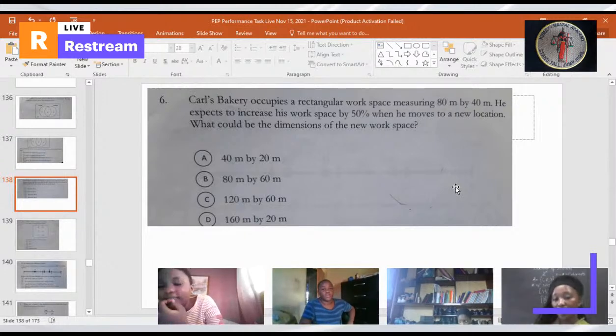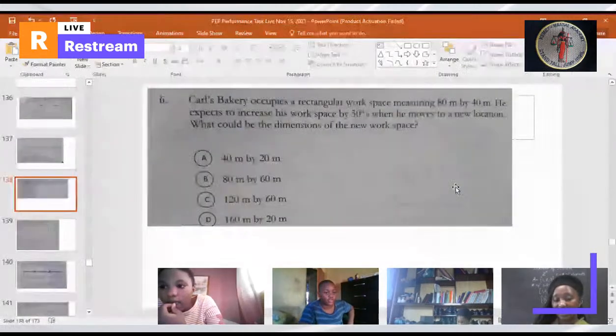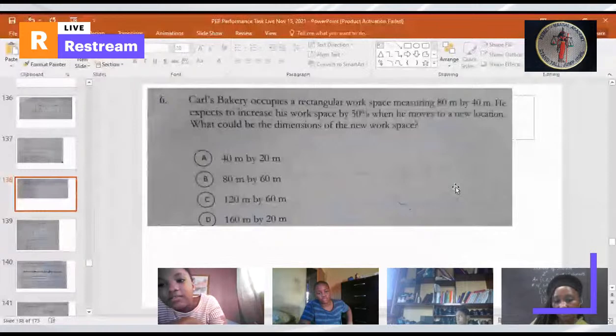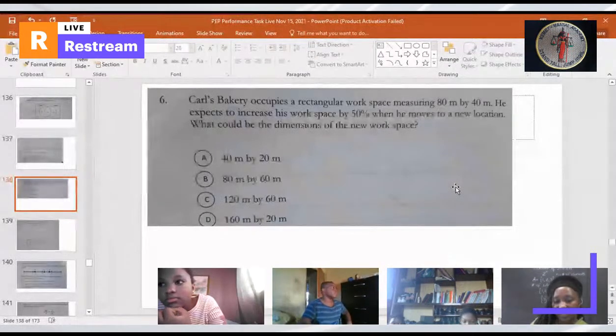Excuse me, Miss? Yes, Alisa? Miss, I think the width is 80 and the length is 40. No, the length can't be shorter than the width. The length is the longer side. So the length is 80 meters and the width is 40 meters.